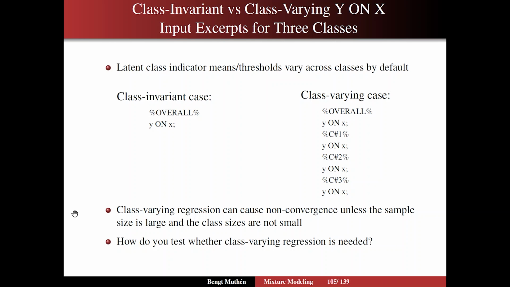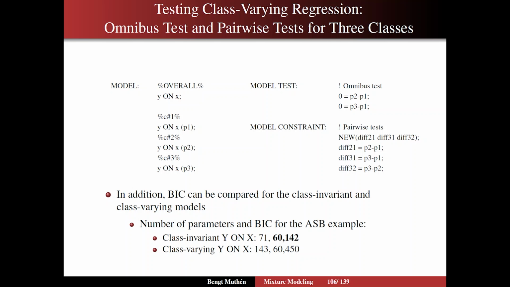So the question is, how do you test whether the class varying regression is needed? So 106 shows how you can test this statistically using an omnibus test, an overall test, and a pairwise test for these three classes. So what you do is you specify these class varying slopes and you add parameter labels, parameter 1, 2, and 3 for the three slopes.